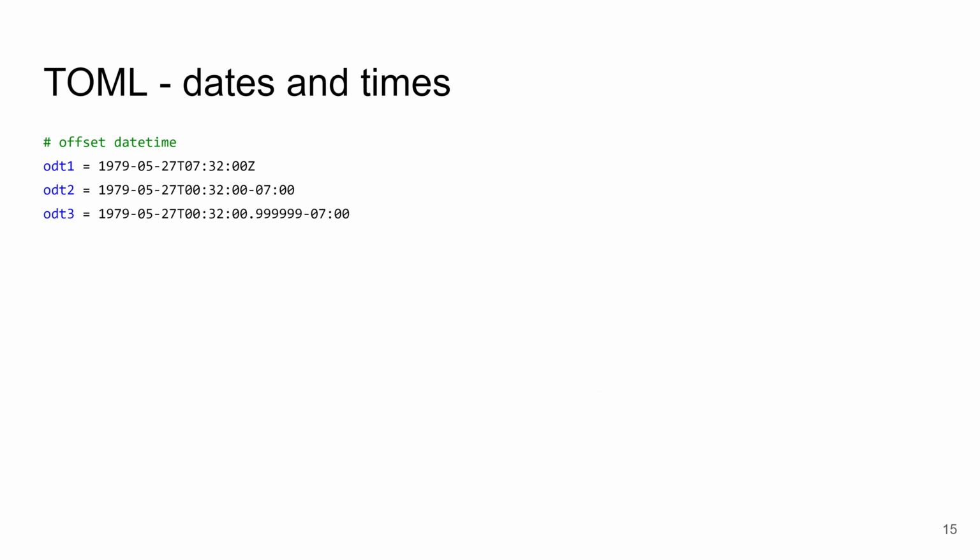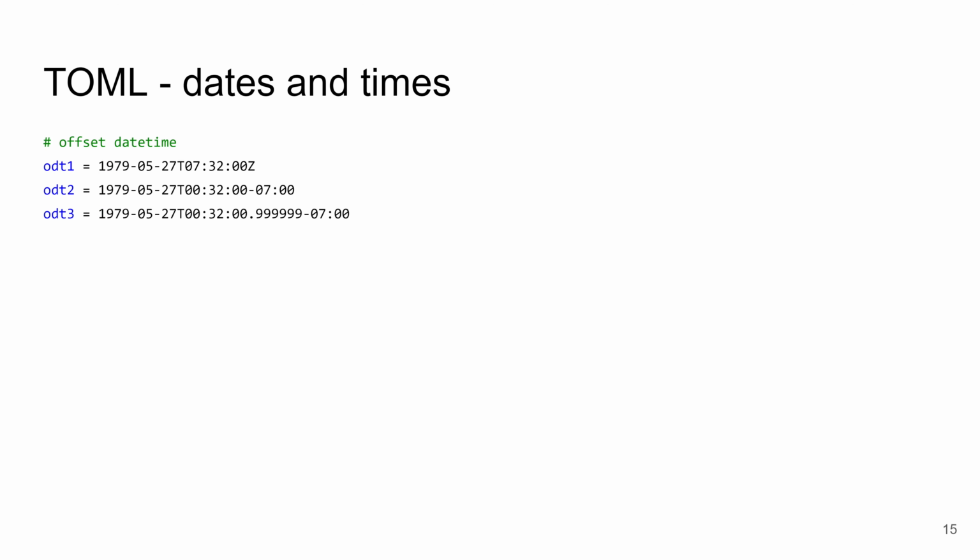Besides numbers, there is support for dates and times. The syntax for dates and times here is quite standard. It is the same that you know from XML schema, RDF, JSON, and CSV. It is based on an ISO standard.